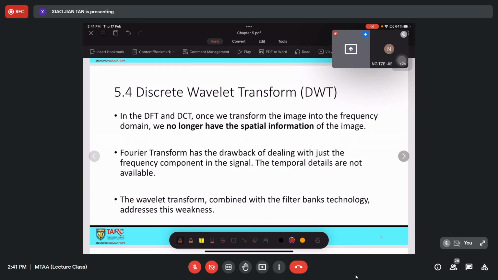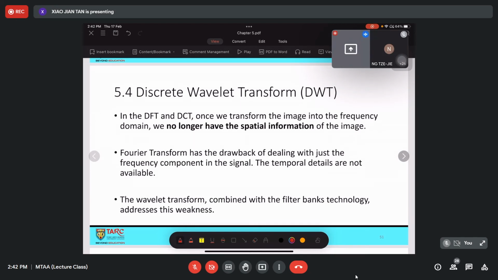Although DWT is not so common in society, DCT is common because DCT is used in JPEG and DWT is used in JPEG 2000. Actually DWT has better performance than JPEG, which uses DCT, but the popularity of DWT is not that high. That is why we learn these three, because we still need to be aware of them: DFT, DCT, and DWT. Okay. So can you recall the reason?